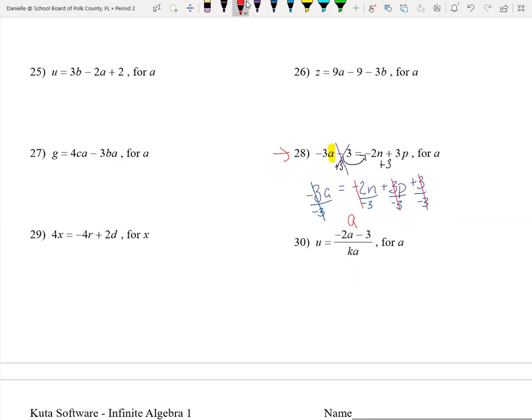So I end up with a equals, we canceled out our negatives, so we just have 2n divided by 3. Over here, our 3's canceled, so we were left with a 1p, and remember that 1p is negative. So I'm left with minus p. And over here again, my 3's canceled out, but I do still have that negative sign. So minus 1.